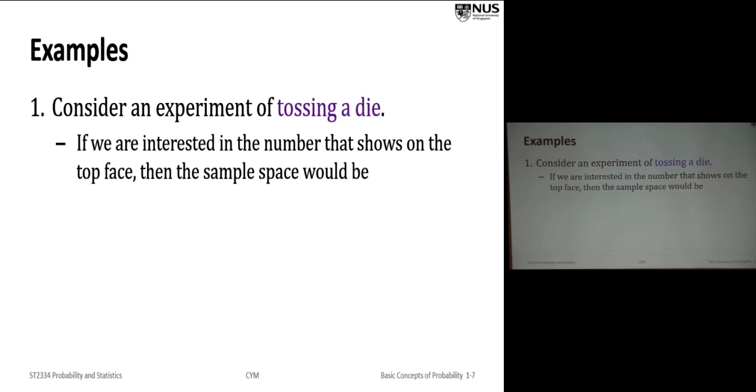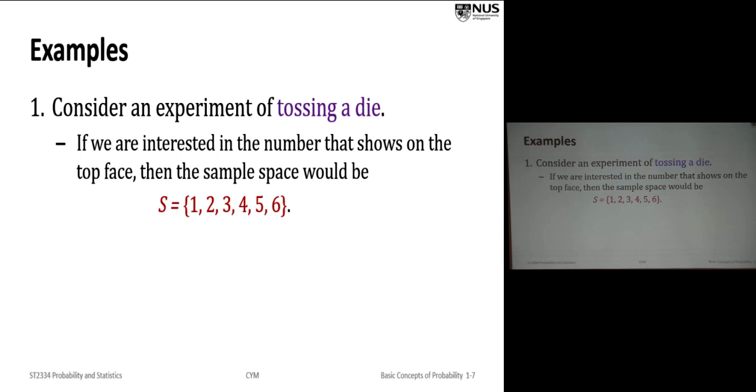Here, we restrict to 6 faces. The ordinary cube, 6 faces, 1, 2, 3, 4, 5, 6, each face with a different number. You can have a die with all ones on all 6 faces, but here we consider a normal one with 6 different numbers. So this is my sample space.